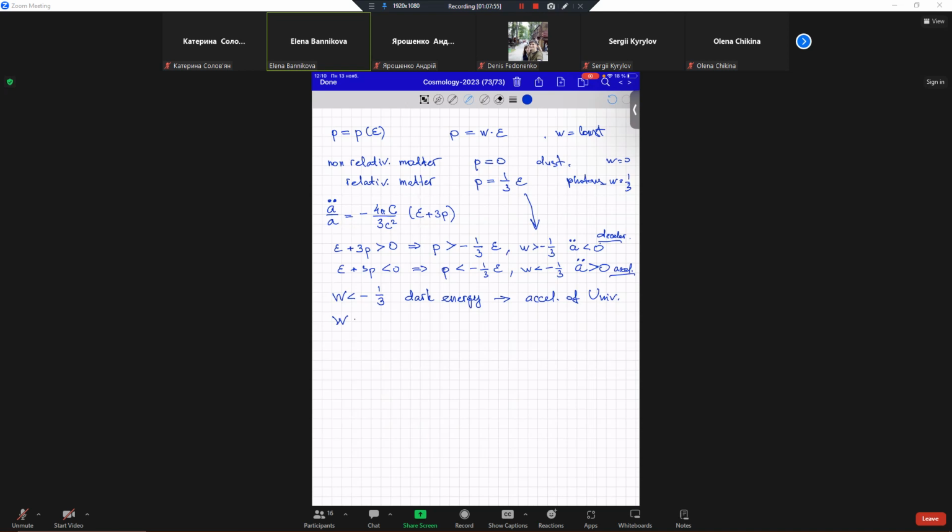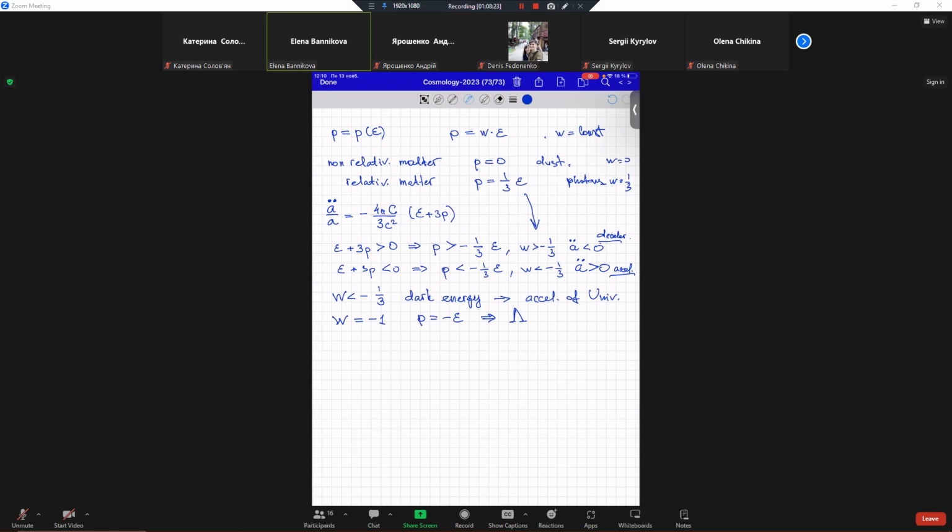the case when w equals minus 1, it means that pressure p equals minus epsilon, corresponds exactly to the cosmological constant. We will see it soon from the equations.